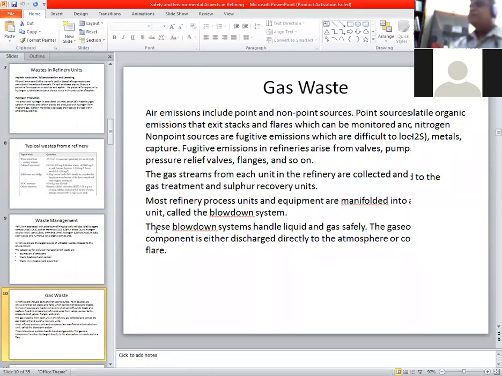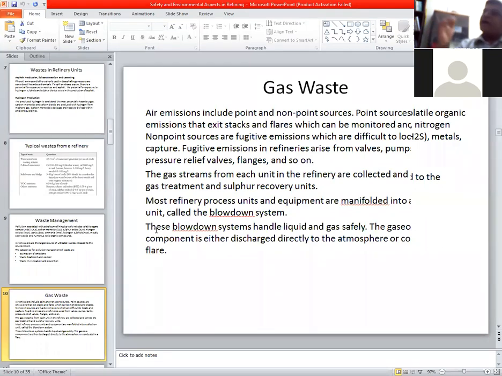There is also a sulfur recovery unit, because although sulfur is a very harmful substance if contained in the crude oil, if we proceed without removing sulfur, hydrogen sulfide will escape in huge amounts.